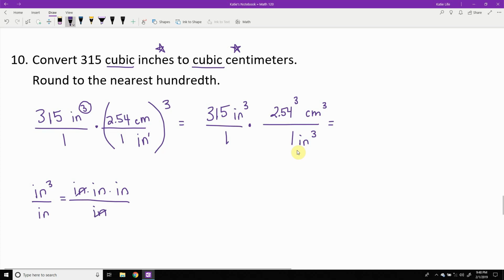So in our calculators, you can use the exponent button to cube the 2.54, or you could literally just type 2.54 times 2.54 times 2.54 times 315. In total, right, these units are now ready to cancel. We have 5,161.93 cubic centimeters. And that is rounded to the nearest hundredth.